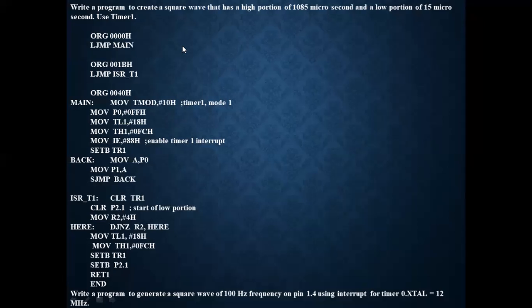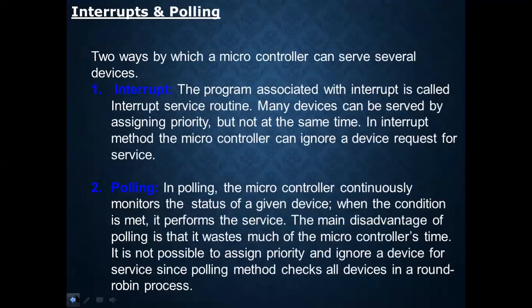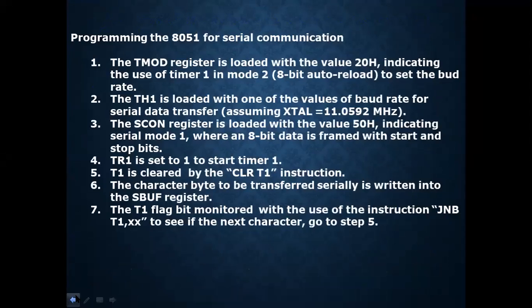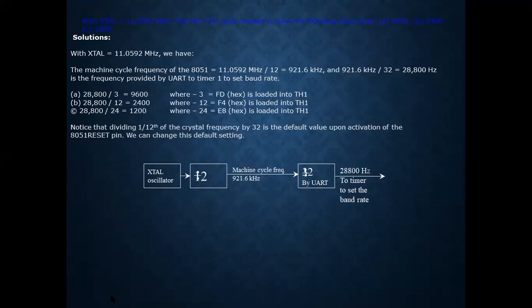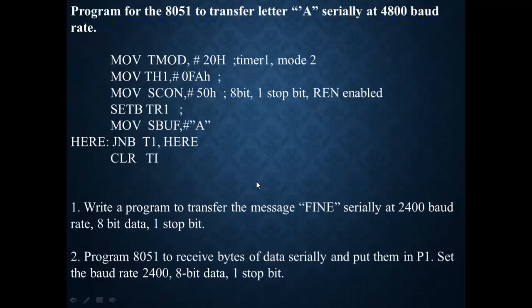My question is from the previous class, sir. You gave us 2 questions for homework. I have a doubt in the first question: write a program to transfer the message FINE serially at 2400 baud rate, 8-bit data, 1 stop bit.